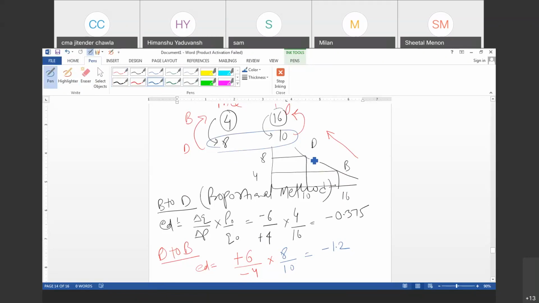Now from where to where are you traveling? B to D, right? I'm asking you a question. Distance between D to B or B to D, is it the same or different?